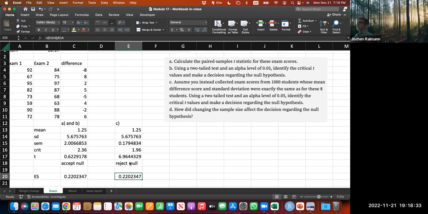So if, for example, you were in the medical field, you test an intervention in, let's say, 1,000 patients, you would say, okay, because of the large sample size, I see an improvement in blood pressure, cholesterol, whatever you're testing.